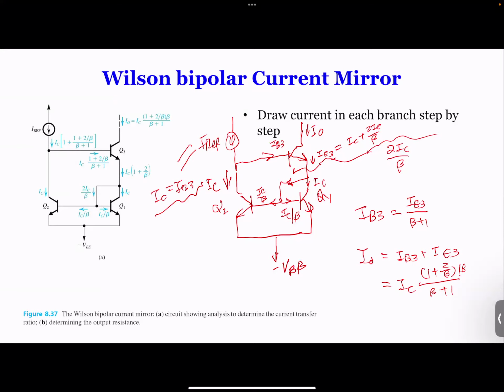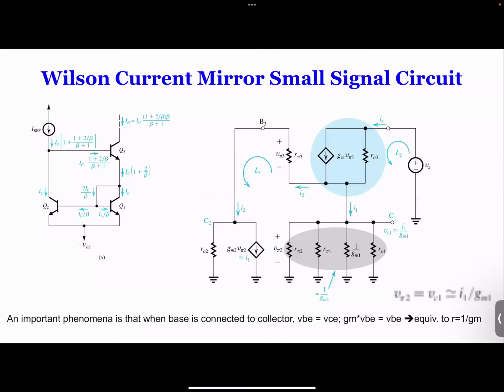But if beta is approaching infinity, which in some cases we can assume, then you will see that this IO will be exactly the same as I reference, and the same as IC, with the simplification. So that's how this Wilson current mirror works in a DC state.